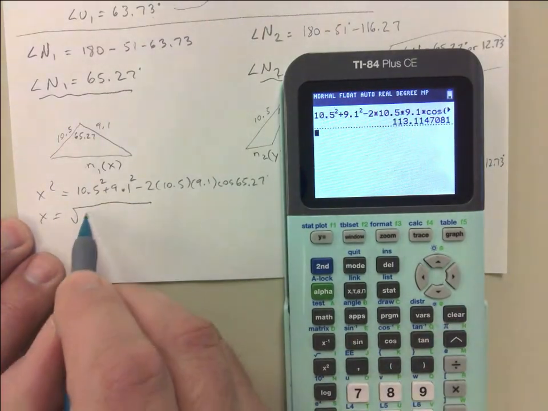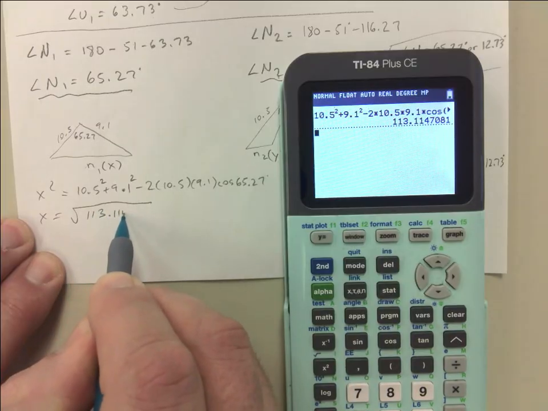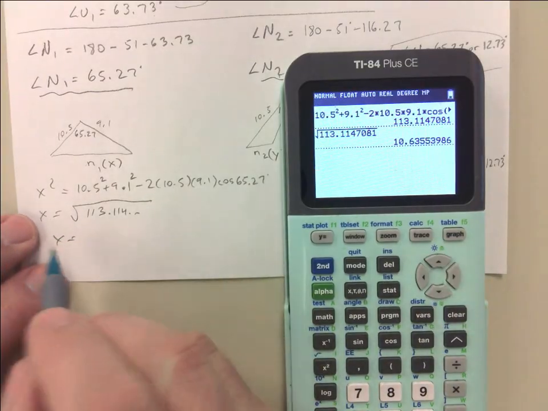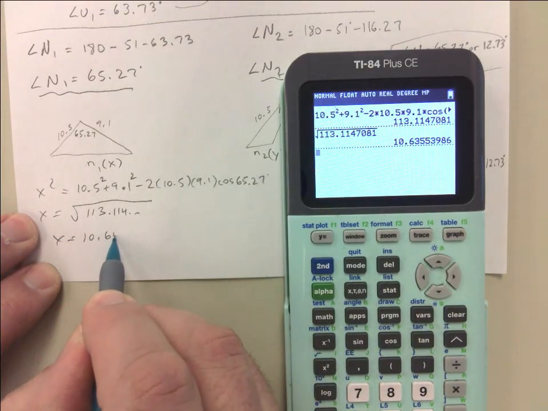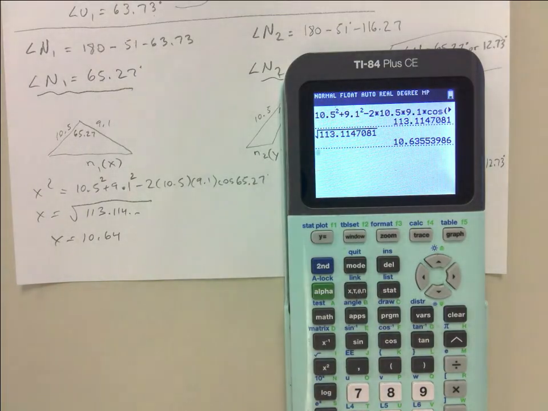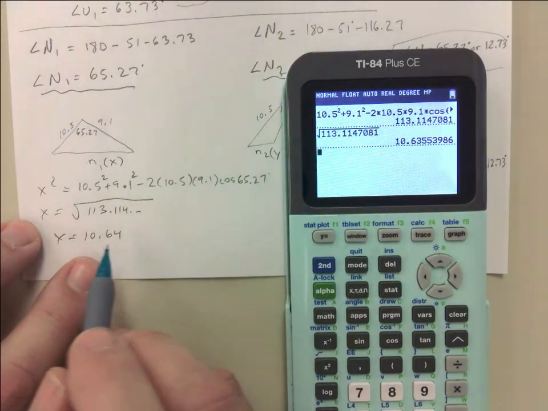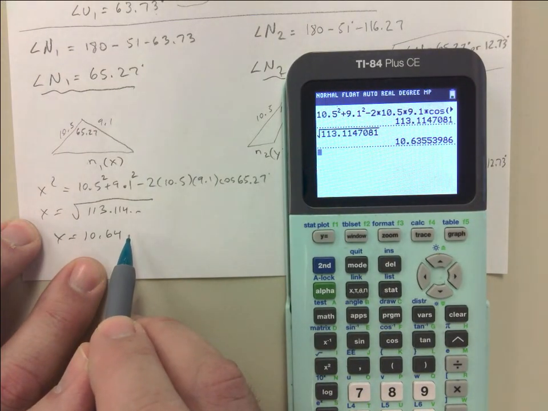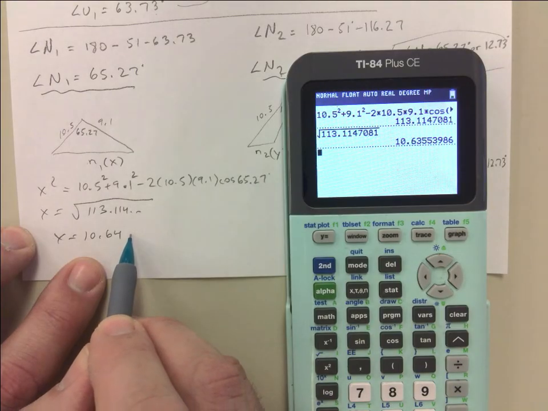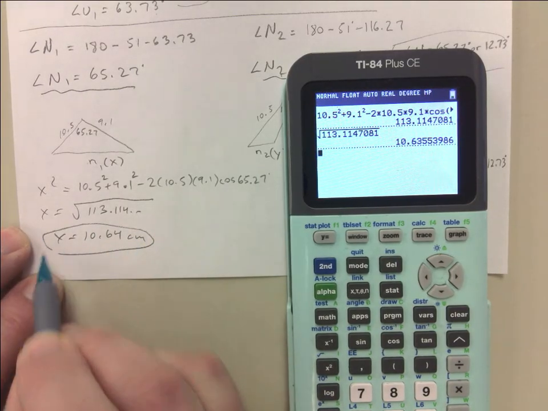I figure out what that is. X is, take the square root of that, 10.64. Can I have a few folks nodding? Is this what you got? Yeah, I got more than a few. There we go. I had a feeling I was going to get this wrong for some reason, because when I rush, that's what happens. But we have centimeters? Centimeters. Okay, that's X.